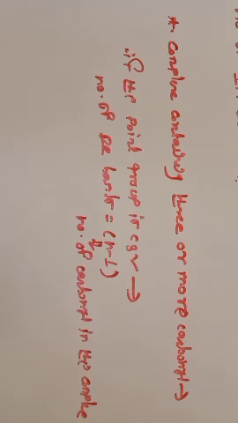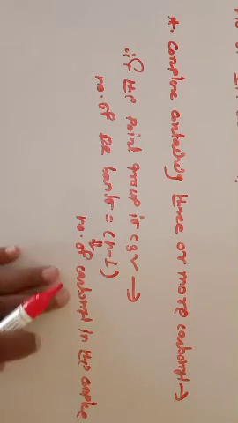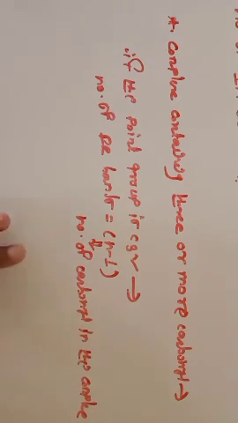So for tetrahedral and octahedral we get only one IR band. For C2v and Cs, the number of IR bands equals the number of carbonyls. If the point group is C3v, the number of IR bands is n minus 1. If it is 4 carbonyls, then 4 minus 1, so we get 3 IR bands. If there are 3 carbonyls, then 3 minus 1, so we get 2 IR bands.